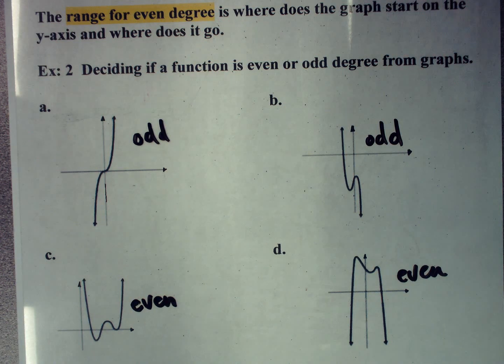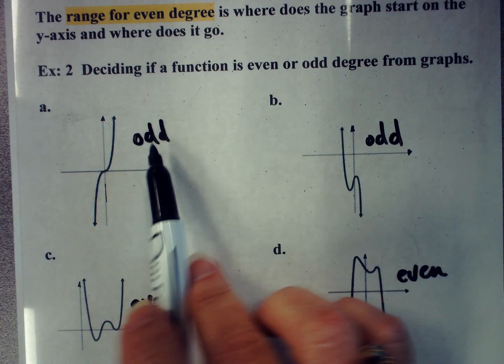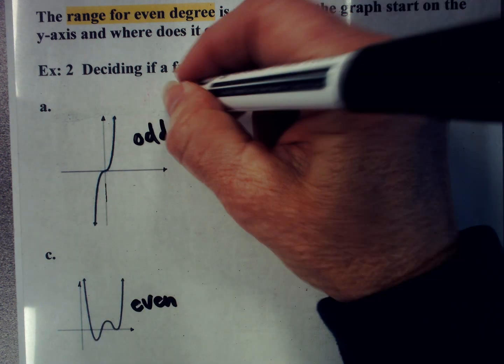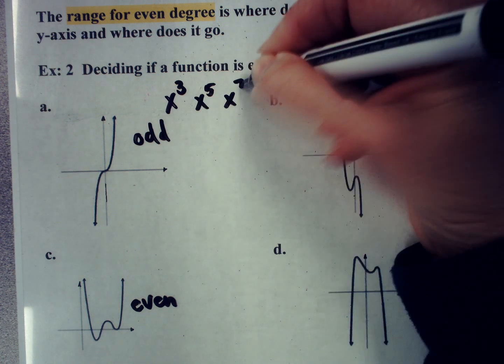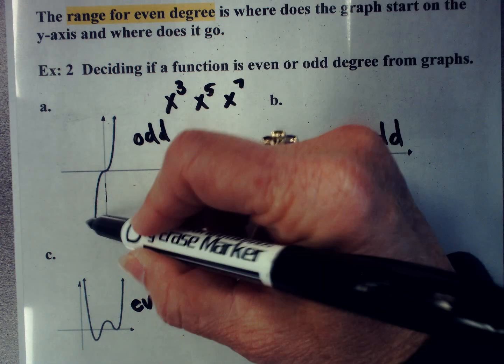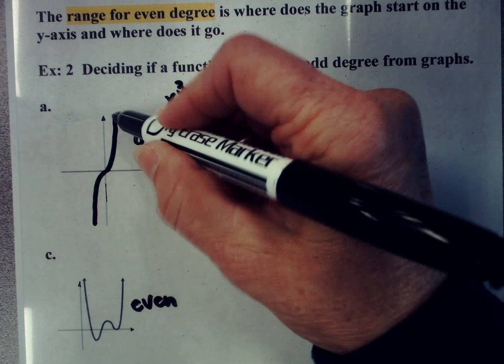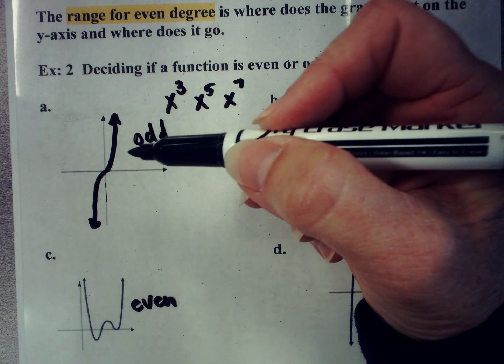They want to know if the function is even or odd based on the graph. So if it's odd, for example, if the exponent was a third power, a fifth power, any odd power, and it's positive, it's always going to go this way. Okay?